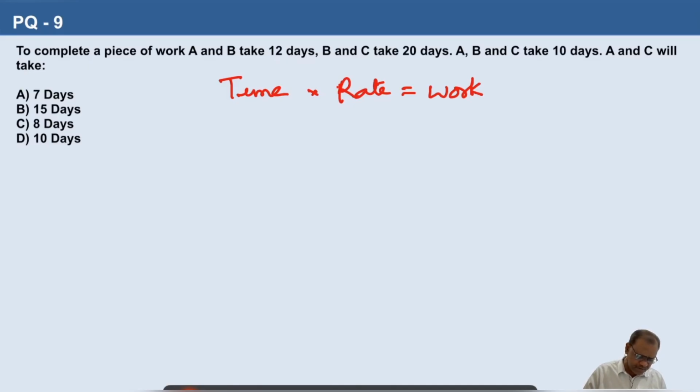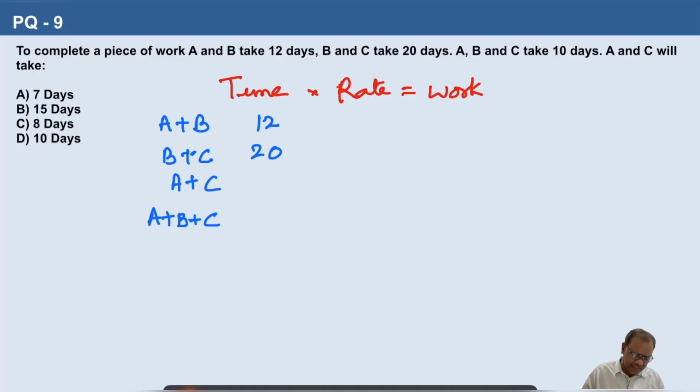So here we have A and B, B and C, and A and C, A plus B plus C. A and B 12 days, B and C 20 days, A plus B plus C 10 days.